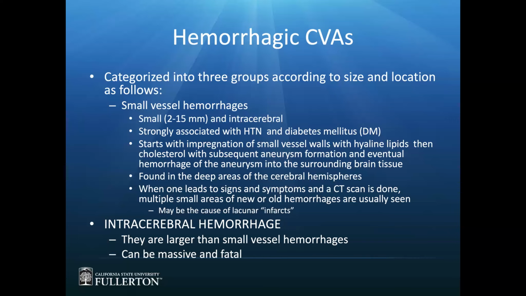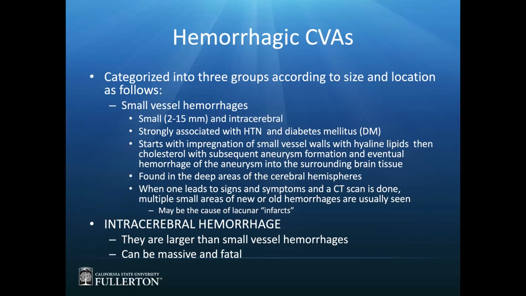So it's not the cause of the major deficits that would come from a big stroke. But it shows that there's a disease process going on. And of course, they're not good for the brain. But what is a lacunar infarct? Well, it's a little bubble where brain tissue used to be. That's the lacuna. A lacuna is just a bubble.